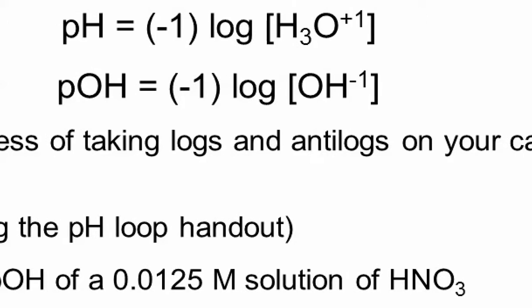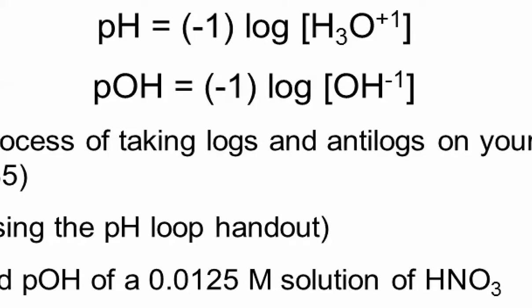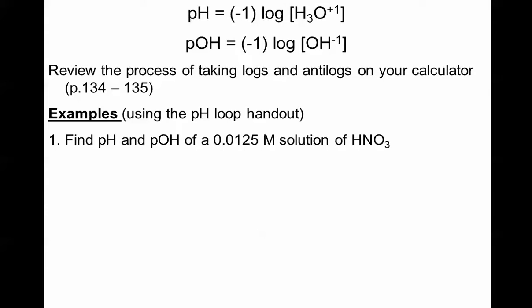But remember that there's lots of ways to find the pOH other than using the OH concentration. Look at your pH loop, you could also just know the pOH by figuring out the pH, and that's what we're going to do in this example.